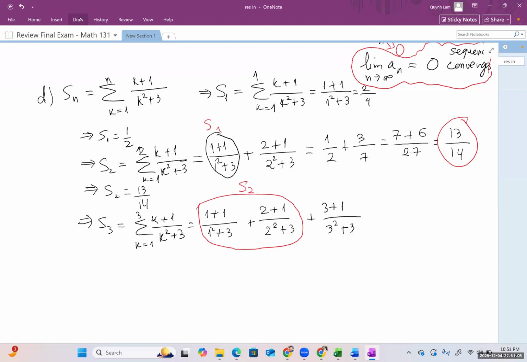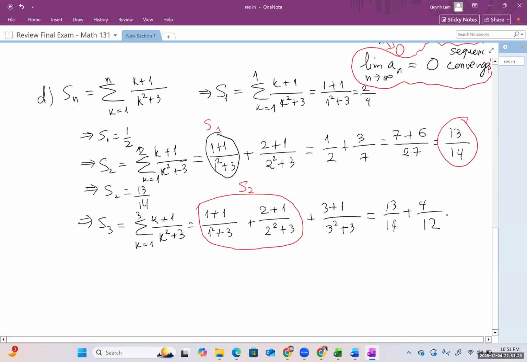So I will just use the S2 value, which is 13 over 14, with this guy, 4 over 9 plus 3, which is 12. Use the calculator, you should get 53 over 42 here.